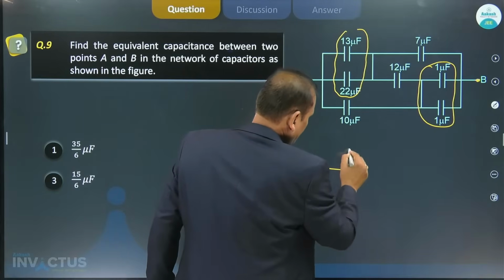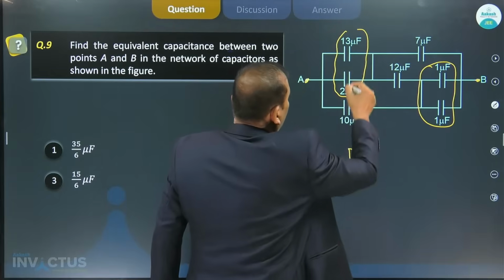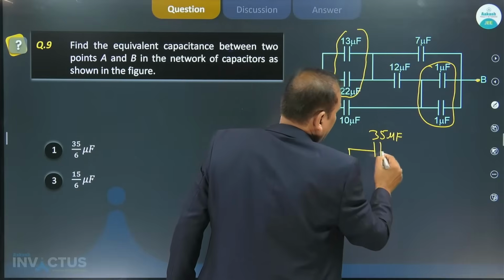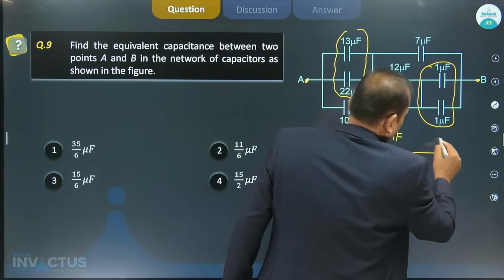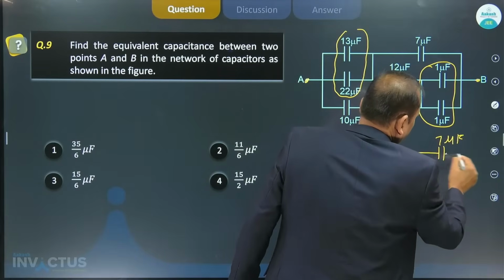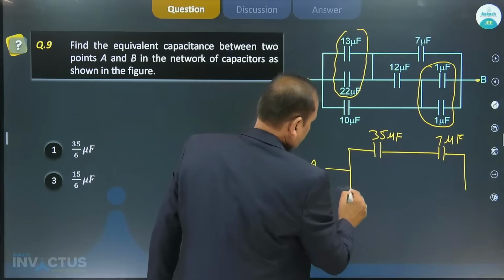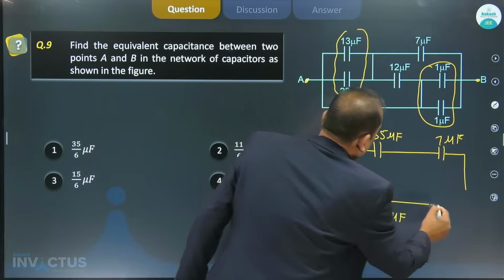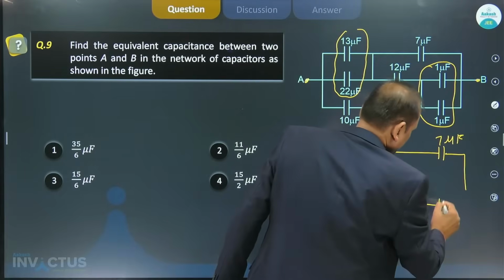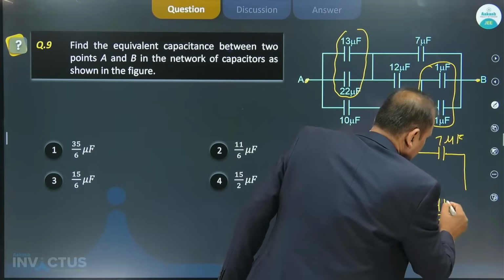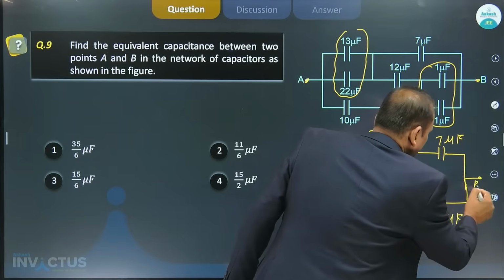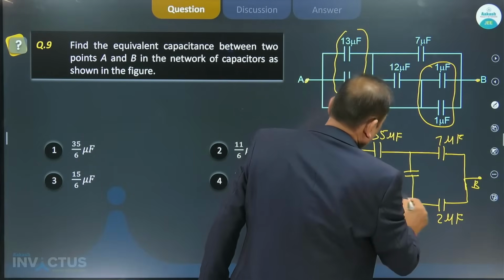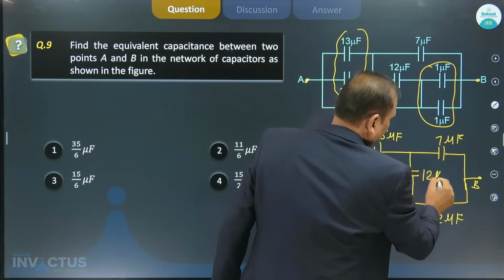A, 35 μF, 7 μF, 10 μF, 2 μF, this is 12 microfarad.